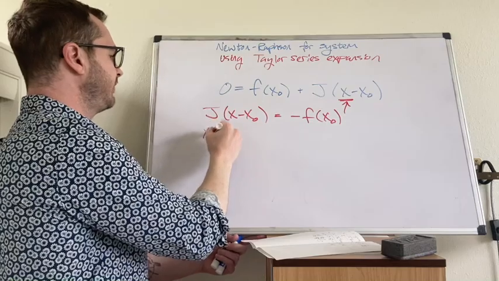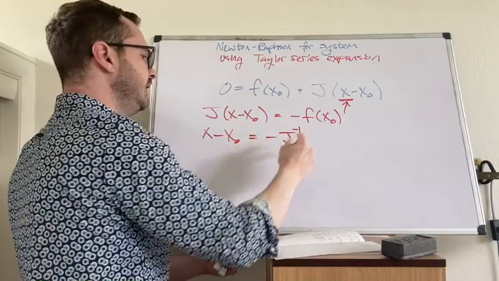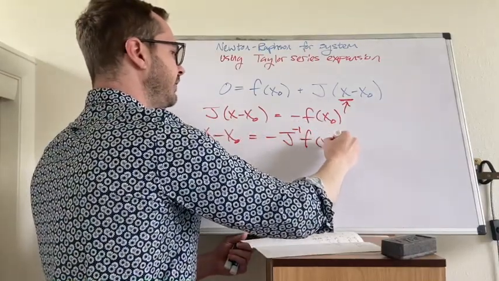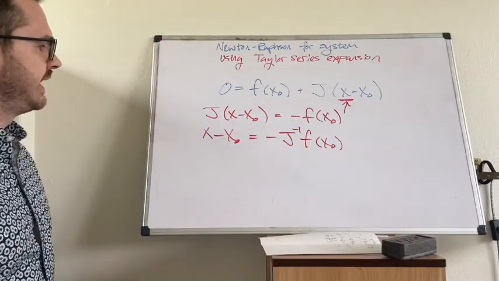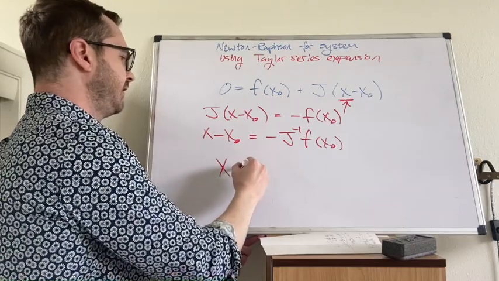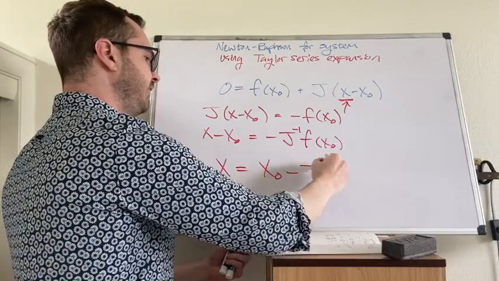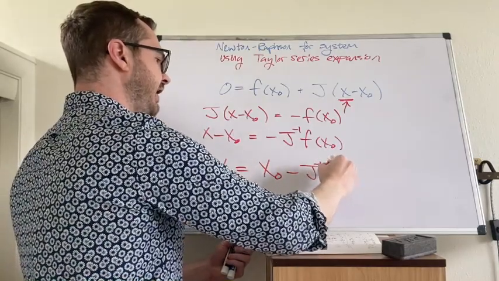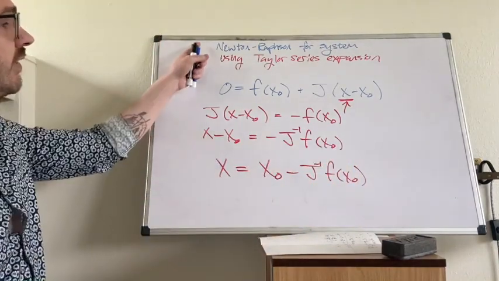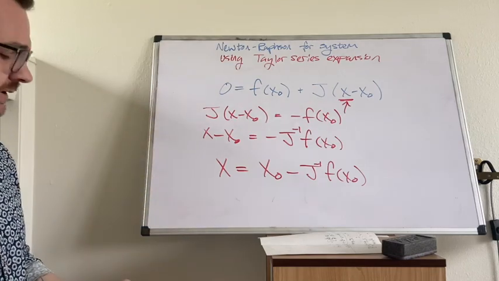We can say that x minus x naught is equal to negative the inverse of J multiplied by f of x naught. And now we just want x. So x equals x naught minus J inverse f of x naught. And there is your Newton-Raphson for a system derived using a Taylor series expansion.